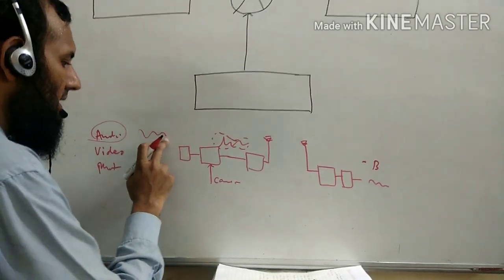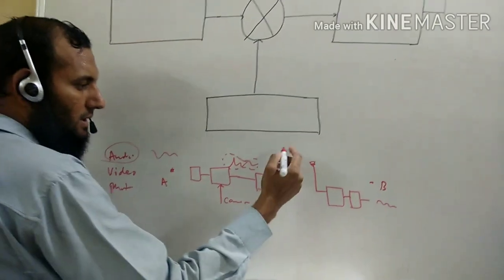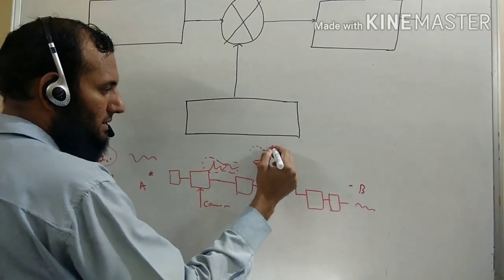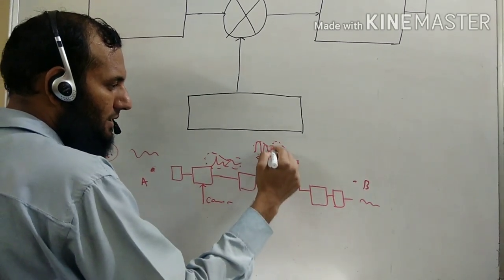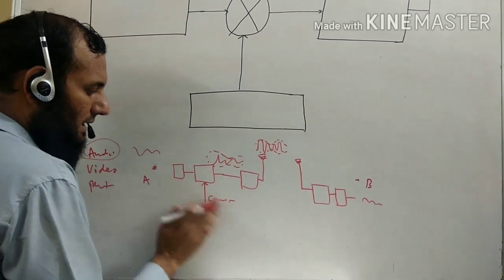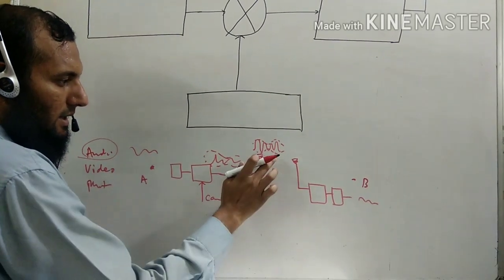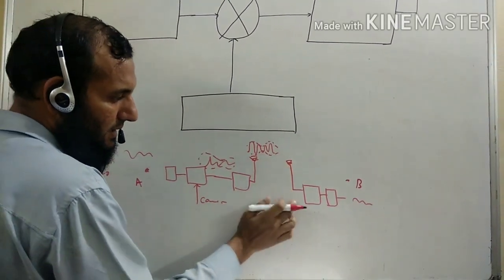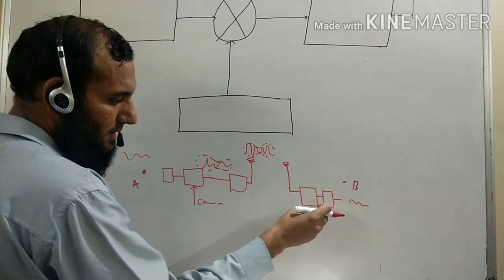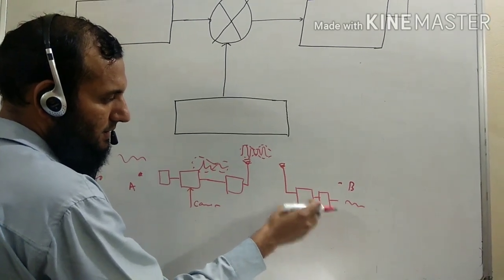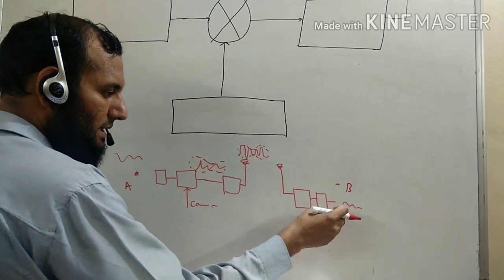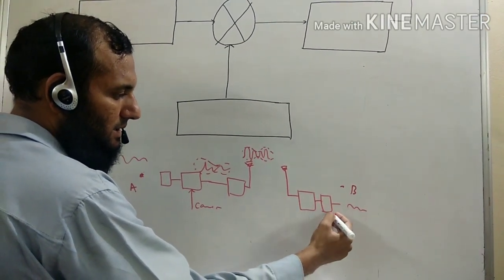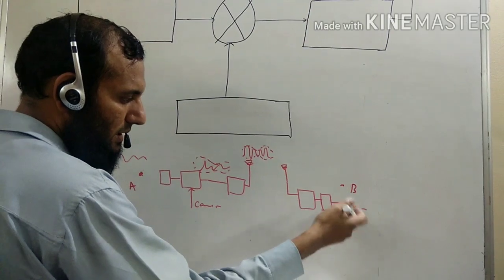The signal going from here is the modulated signal. Modulated signal means it has both the carrier signal as well as the message signal. When it reaches the receiver antenna, it is passed through a receiver, then through a detector or demodulator.